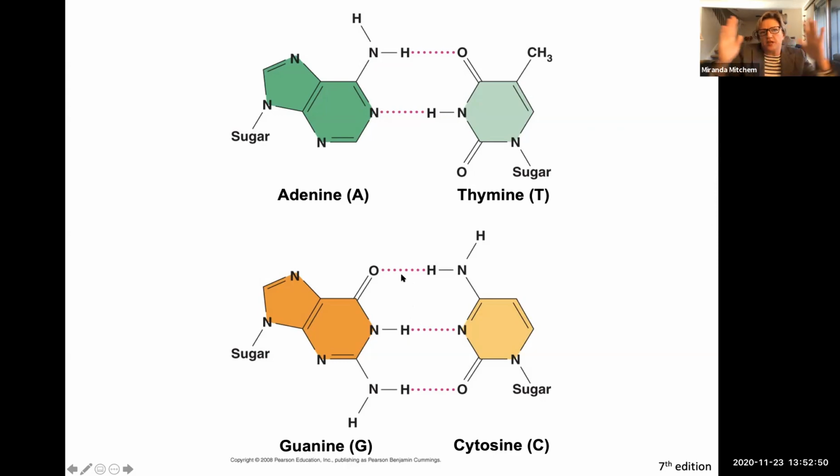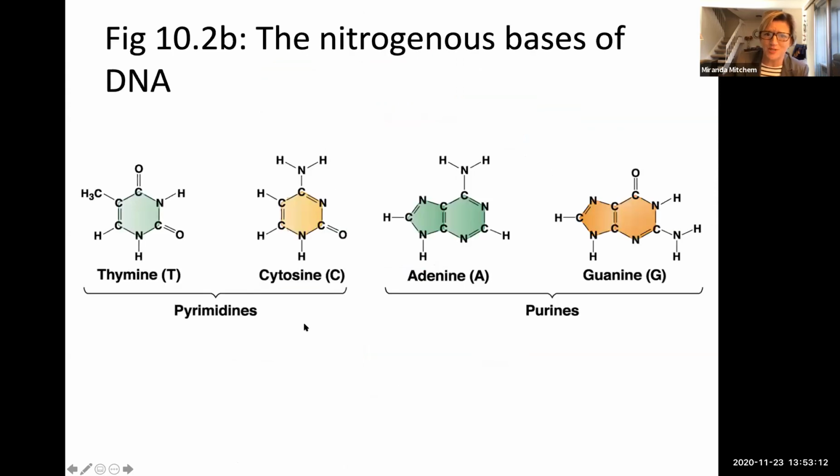It actually has to come apart in order to do DNA replication. The DNA helix has to separate. If the two chains were held together with strong covalent bonds, it would be very challenging to separate the molecule.